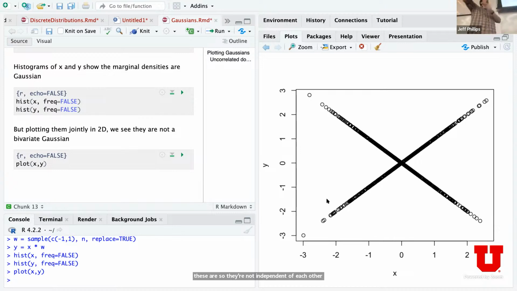As X gets larger, Y's absolute value gets larger, but its expected value stays the same. If you work out the covariance or the correlation of these random variables, it's going to be 0, but they're not independent of each other either. So this is an example where you get covariance of 0, but not independent.